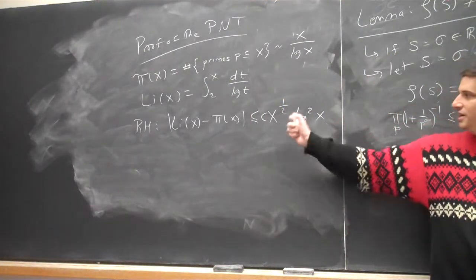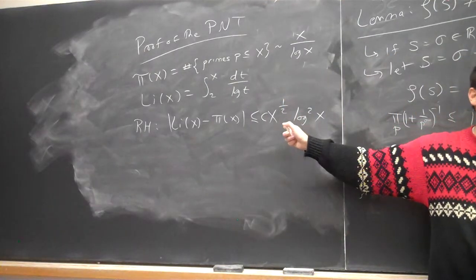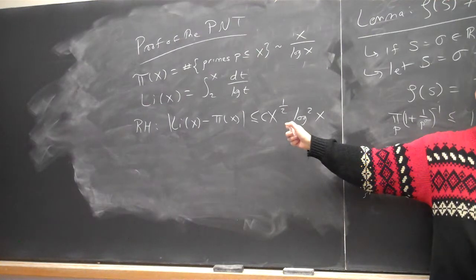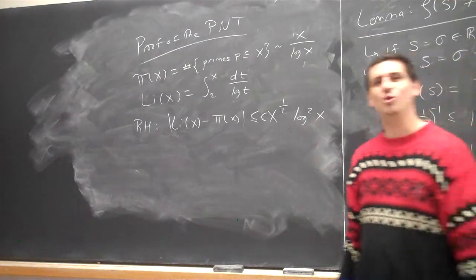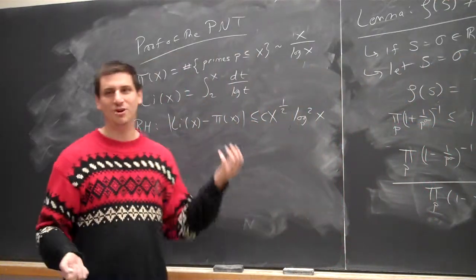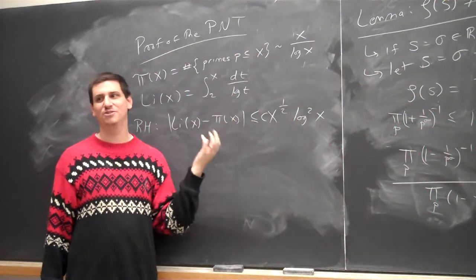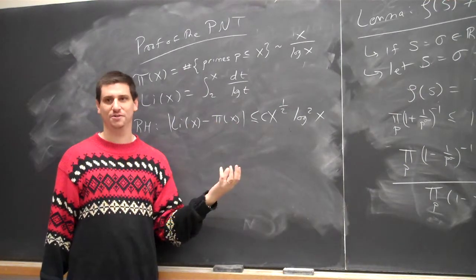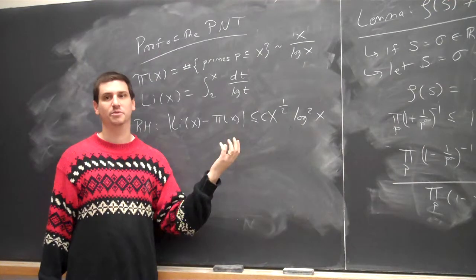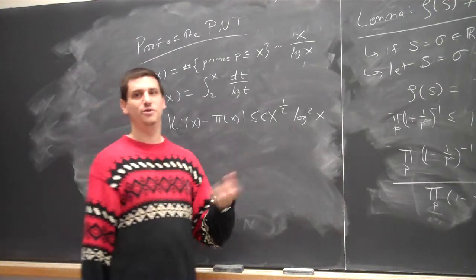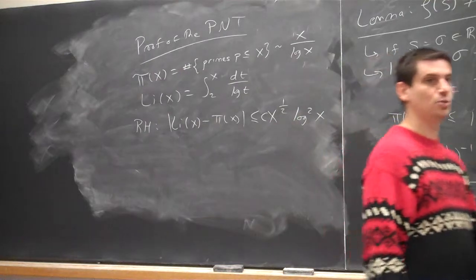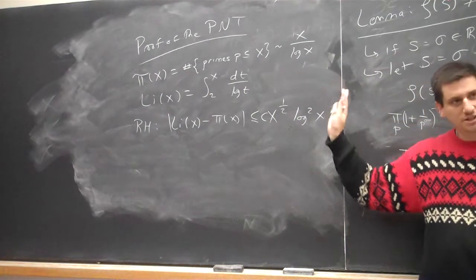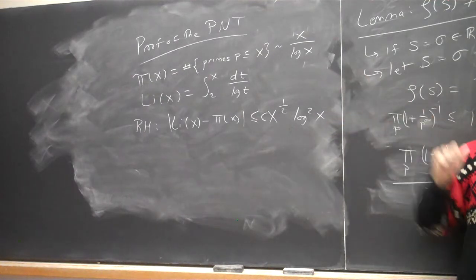And if you do this, there's a name for this theorem in probability. So you want to count how many primes you expect to have and compare it to your prediction. And then the fluctuations are significantly smaller. It's the central limit theorem. If you have n observations, the variance is often like square root of n. So the log factors are a little bit interesting, but essentially this is the central limit theorem.